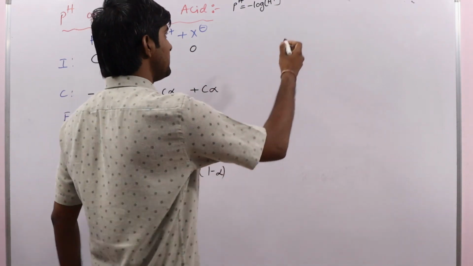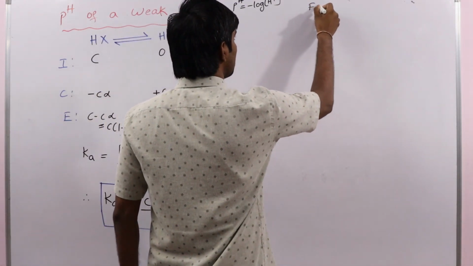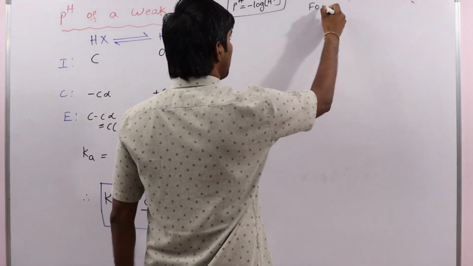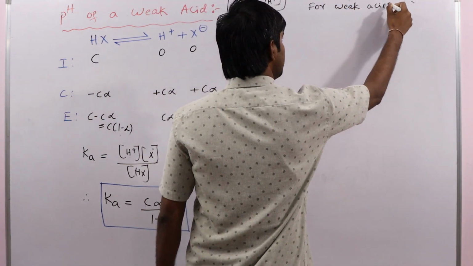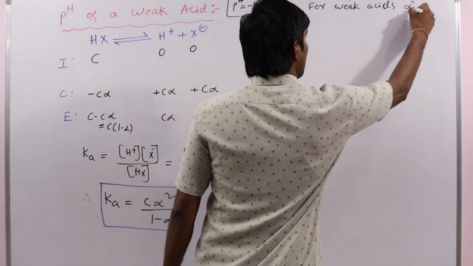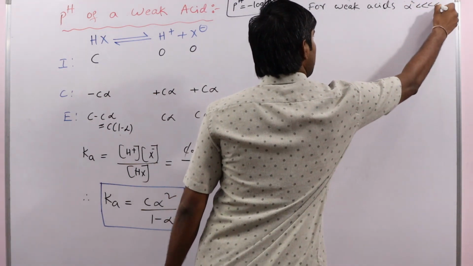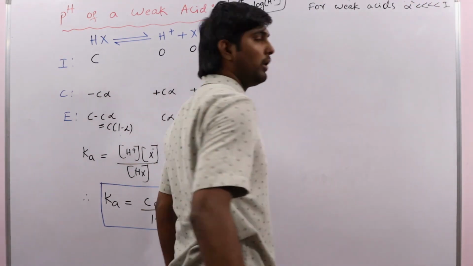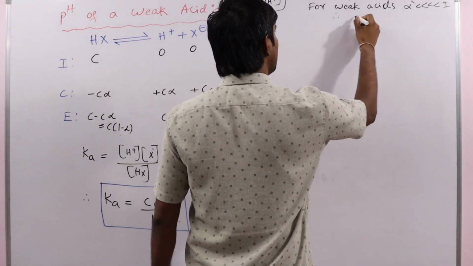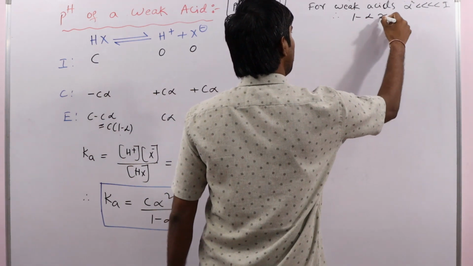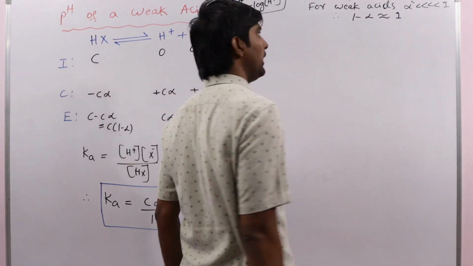Now for weak acids, alpha is much less than 1. Alpha value is much less than 1. Therefore we can write that 1 minus alpha is almost equal to 1.